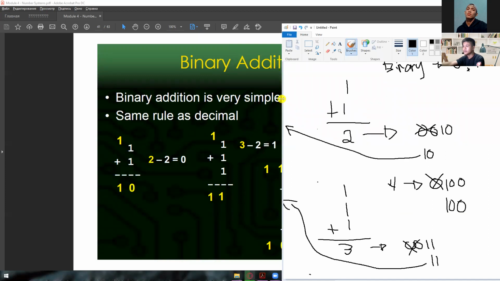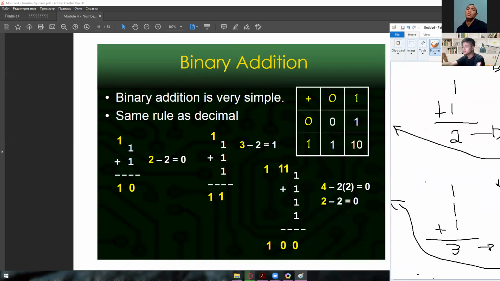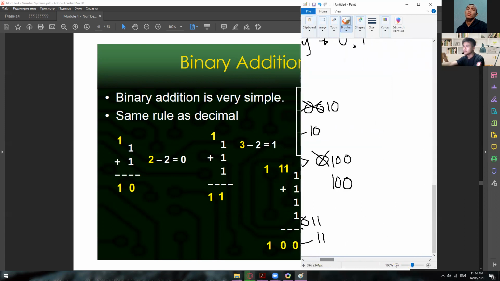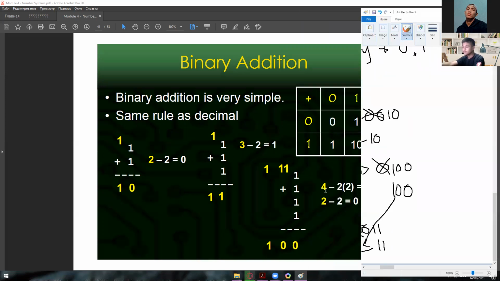That's how we got this 100. If you have 1 plus 1 plus 1 plus 1 plus 1, this is already 5, represented by 0, 1, 0, 1, which gives you 101.